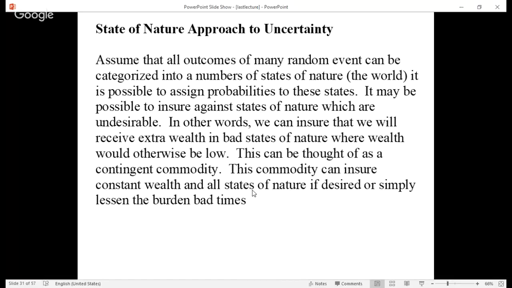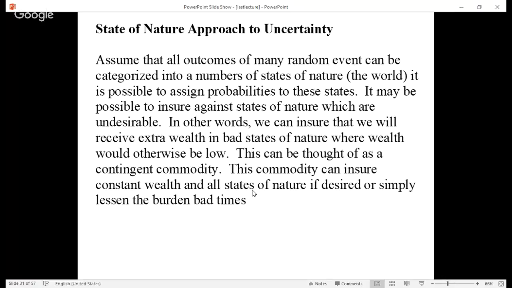It might be possible, however, to insure against all these states of nature. For instance, if I'm shorting, I don't want the market up, or if I'm long, I don't want the market down. It might be possible to insure against those things. So if we can ensure that I'll receive extra wealth when things go bad for me, where my wealth will otherwise be low, this can be thought of as a contingent commodity.